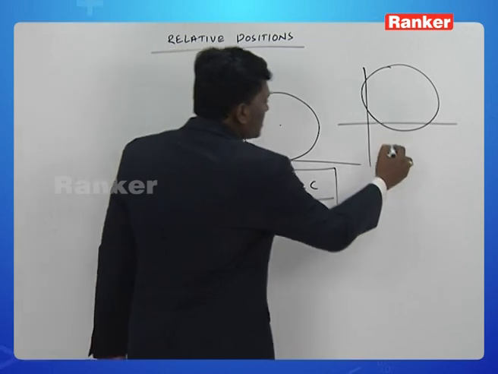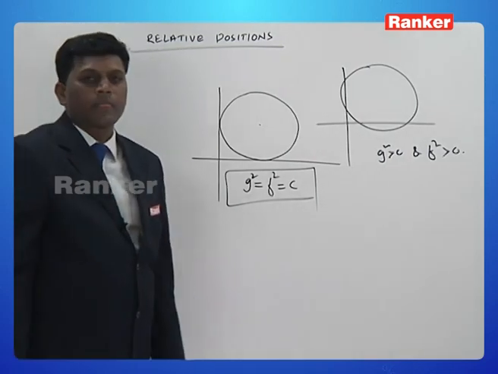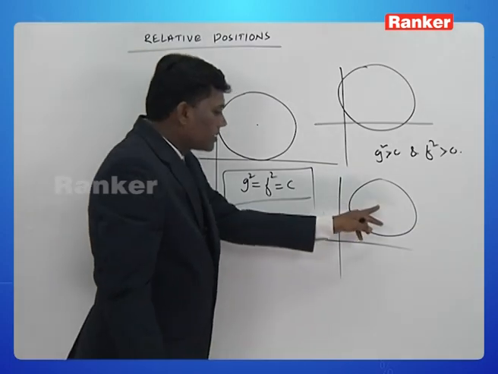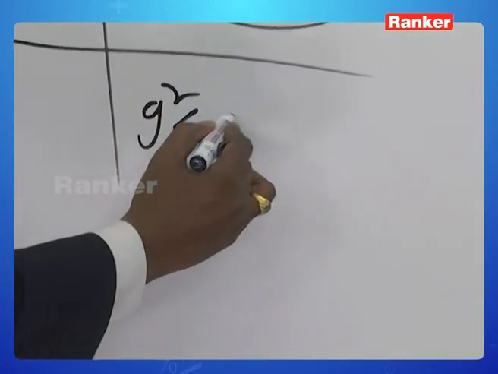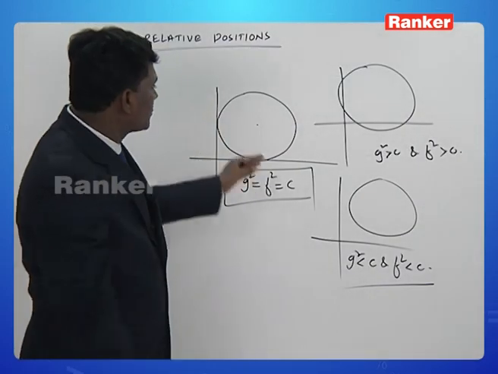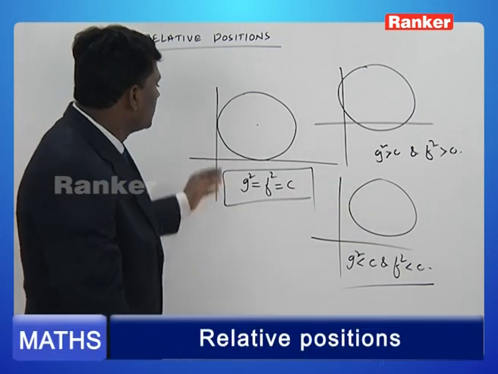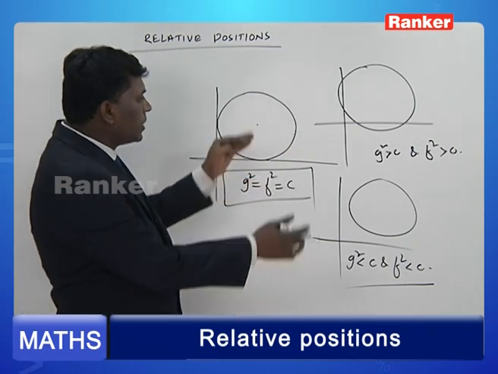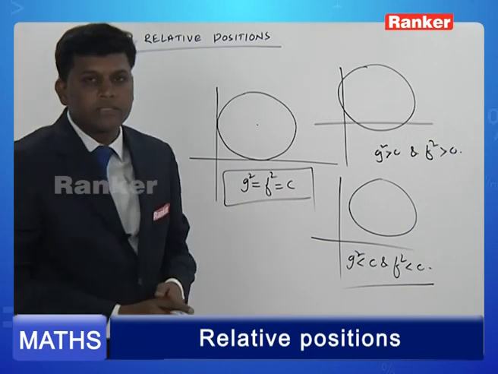In this case, g square is greater than c and f square is greater than c. Whereas coming to this circle, here it is neither meeting the x-axis nor the y-axis. Hence we get the condition that g square is less than c and f square is less than c. Like this, various combinations of cases we can construct from the previous relative positions, which are very useful points in solving problems related to this type of conditions. Maybe given the conditions alone like this, or maybe mixed up with some other conditions which we are going to discuss in coming classes.